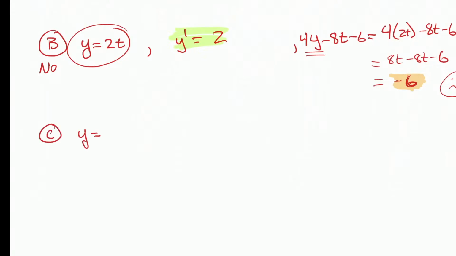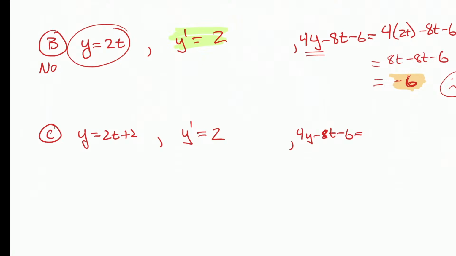Okay, what about y equals 2t plus 2? And 4y minus 8t minus 6. Okay, next volunteer. We need a derivative. Cooper Stiegel, what do you got for your derivative? Wasn't that the derivative of the previous one? Oh, they're just the same derivative?